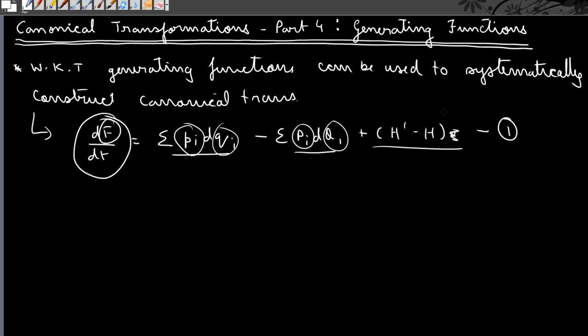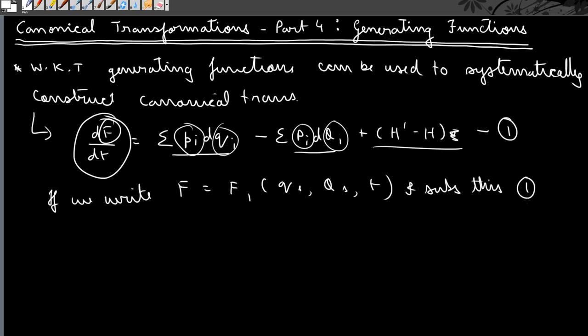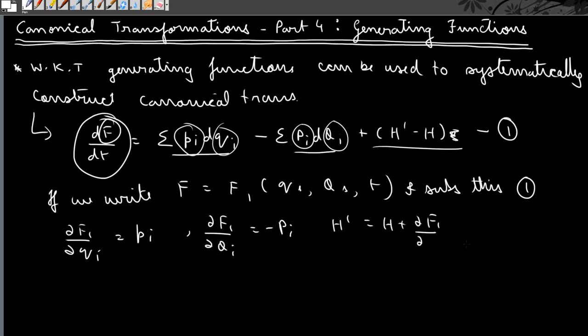And we had seen in our previous lecture that if we write our F as some function F1 of the old generalized coordinates, the new generalized coordinates and time, and substitute this in our equation 1, then we got the relation that ∂F1/∂q_i is equal to p_i, ∂F1/∂Q_i equal to minus P_i, and our H' was equal to H plus ∂F1/∂t.